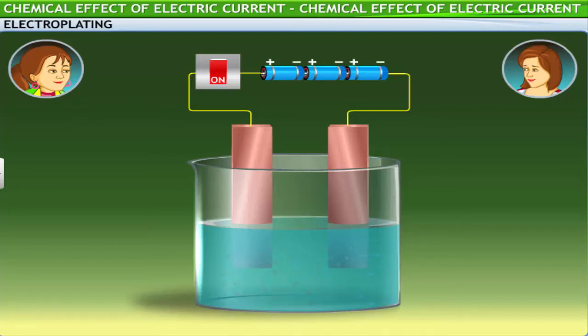As copper gets transferred from one electrode to the other, the loss of copper from the conducting solution is compensated for, and the process continues. And this transfer leads to the coating on one of the copper strips. Absolutely correct. It is because of this coating that the copper strip connected to the negative terminal appears slightly brighter.